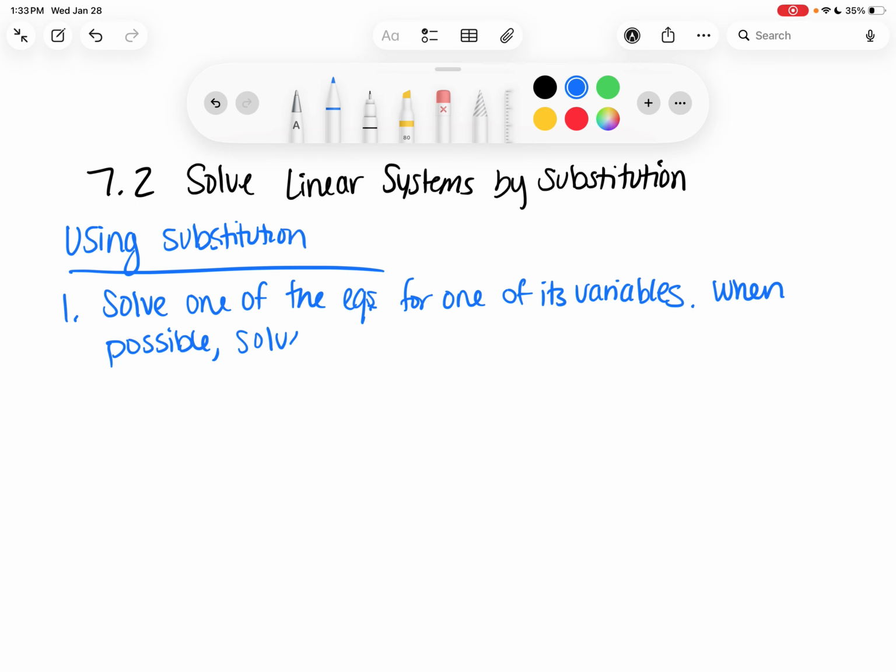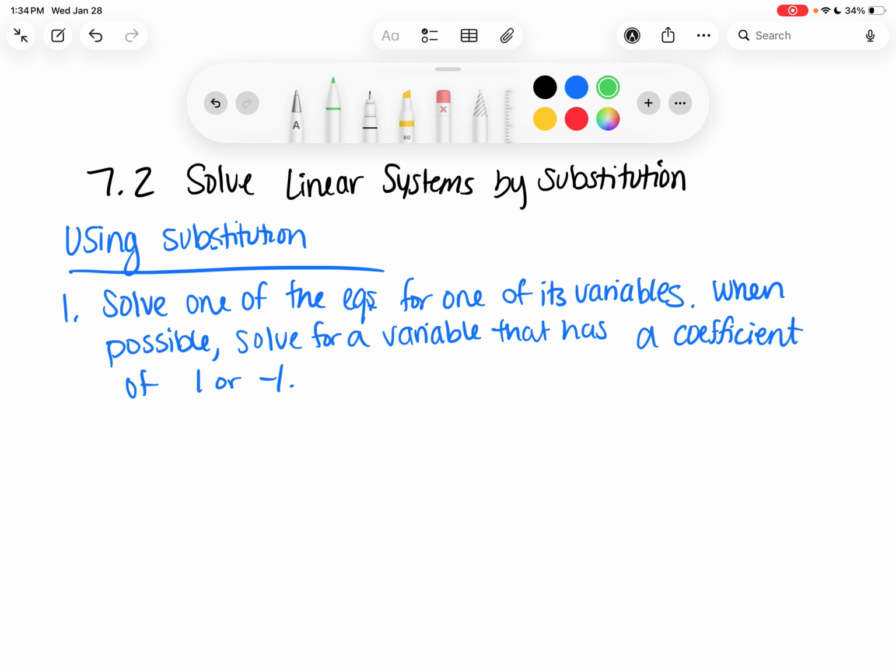Solve for a variable that has a coefficient of 1 or -1.